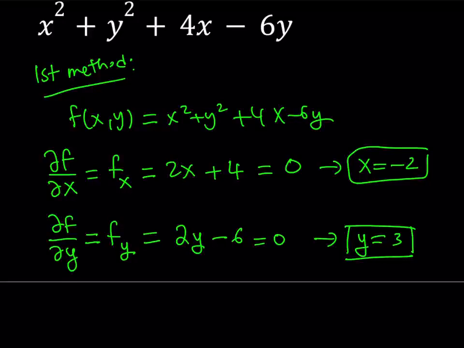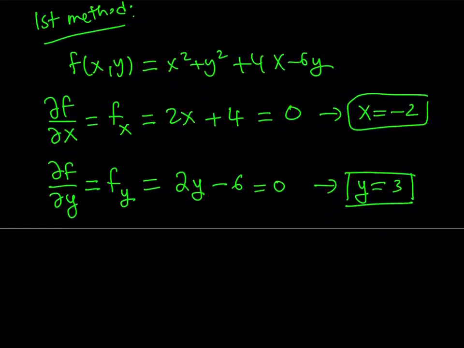So this is a point on this graph which gives us the minimum value. Negative 2 comma 3 is a critical point, and there's only one critical point, so it must be the minimum, right?